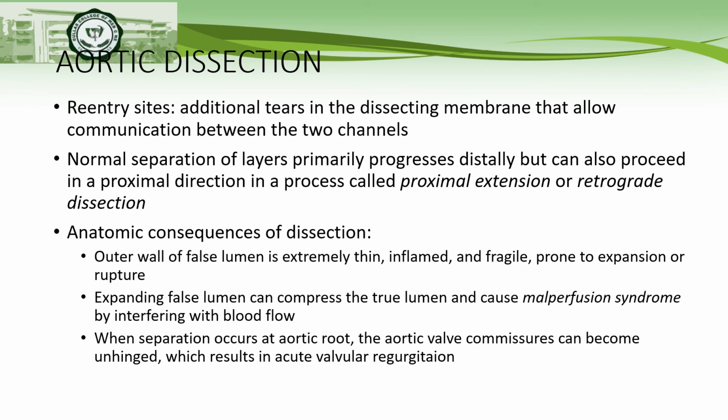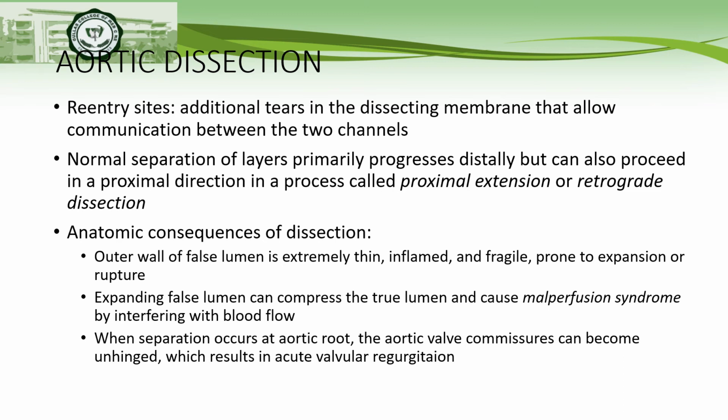So what are the anatomic consequences of dissection? Number 1, the outer wall of the false lumen is extremely thin, inflamed, and fragile, prone to expansion or even rupture. So that one is fatal. Number 2, the expanding false lumen can compress the true lumen and cause malperfusion syndrome by interfering with blood flow.